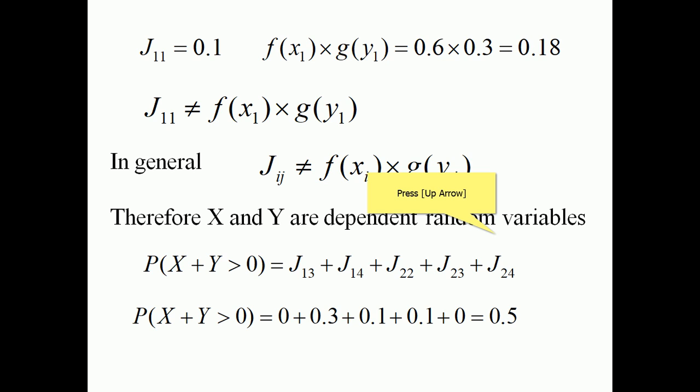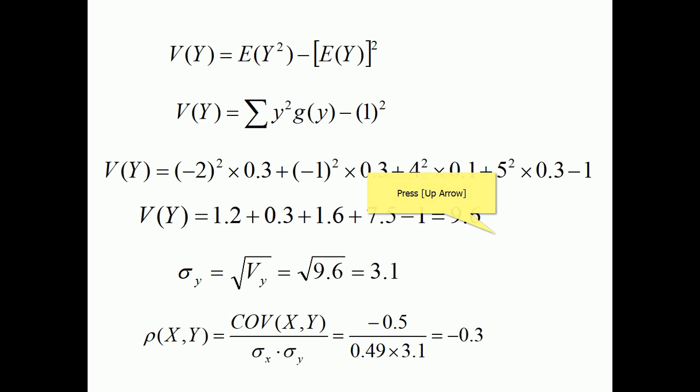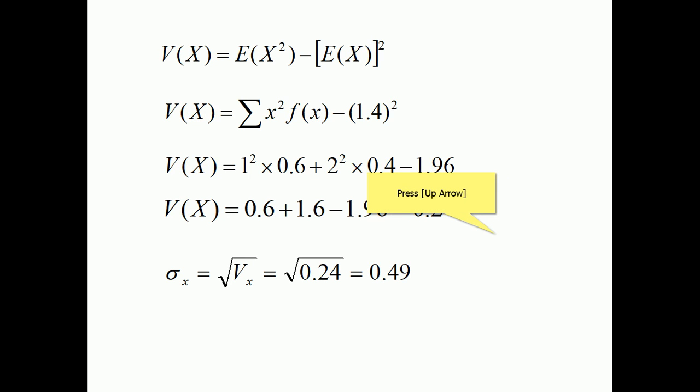Also, probability of x plus y greater than 0. If we add x and y, that must be greater than 0. Which are the values greater than 0?